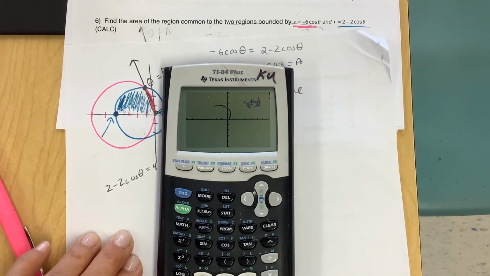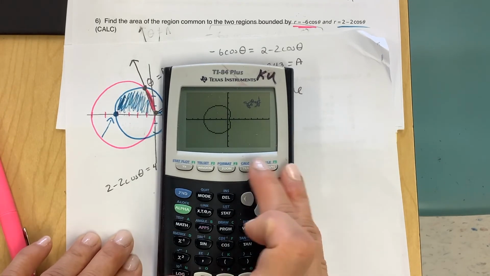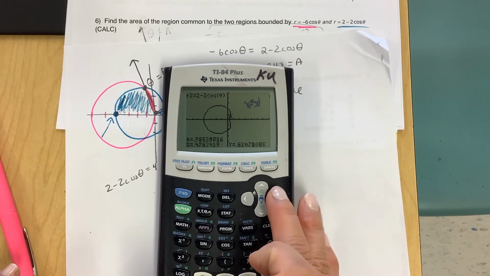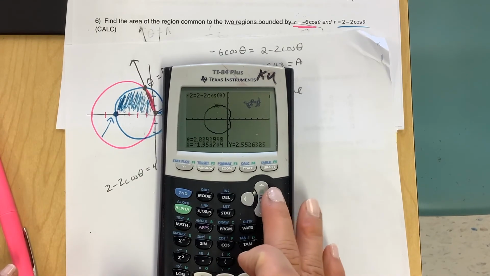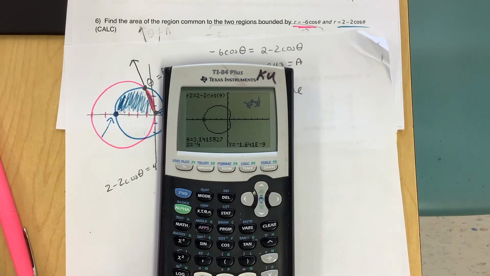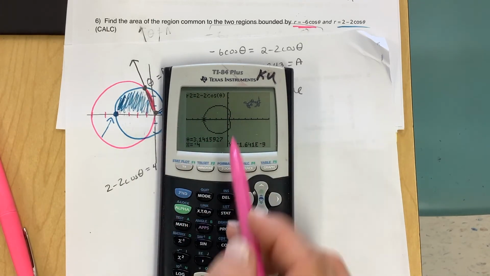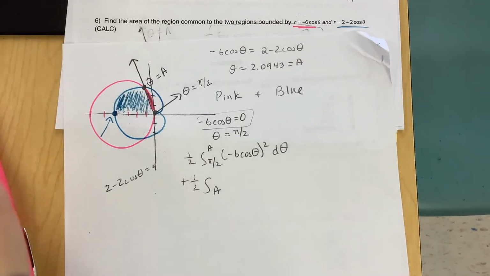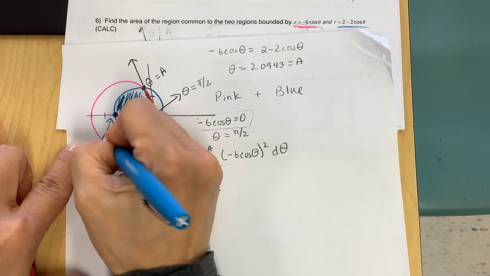So let's look at this. Let's trace it out. So the cardioid theta equals 0 starts there. And if I trace it out, that's exactly pi. Because remember, we saw the cardioid graphs before. It actually graphs the entire graph from 0 to 2 pi. So this angle here is going to be pi.